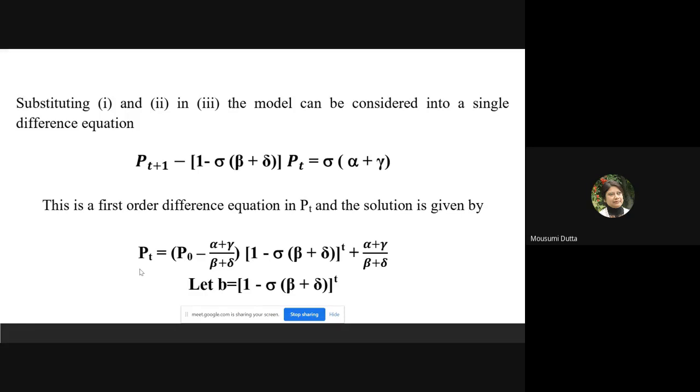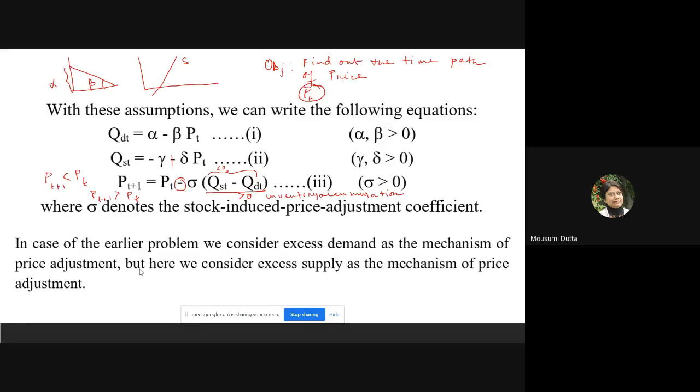So there was a typo in the supply equation. Okay, so please continue with plus gamma. The supply equation will be minus gamma plus delta PT.